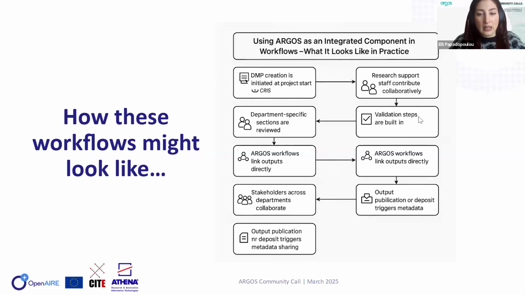There is some validation in terms of the content or any other specific criteria that we want to validate the DMP. For example, if the data sets described are FAIR, or if specific policies are followed by the institution.